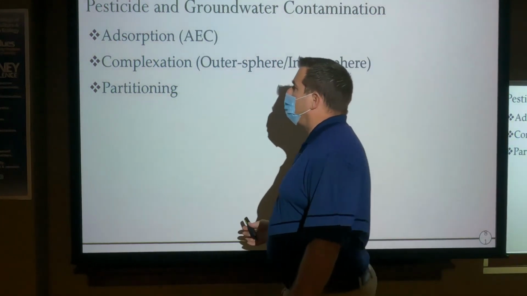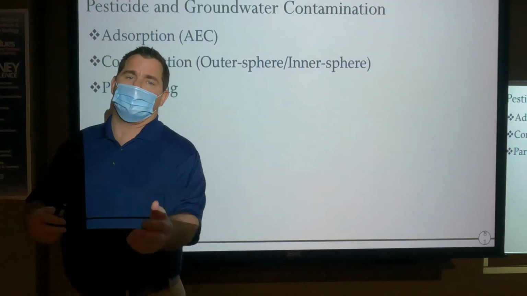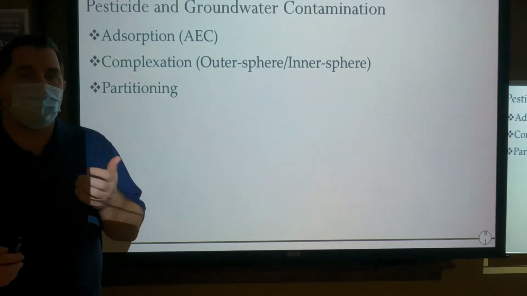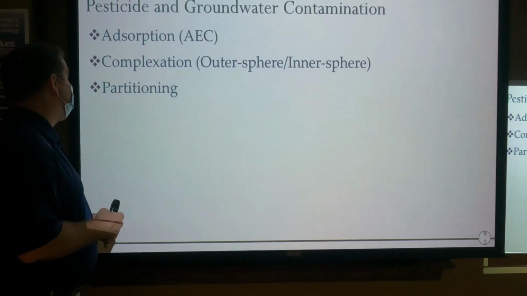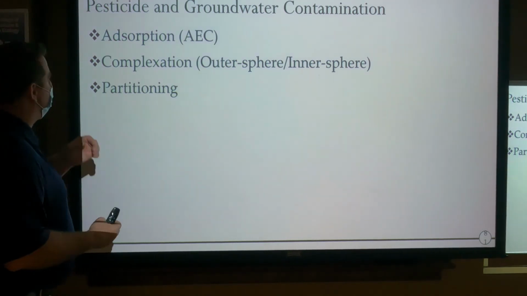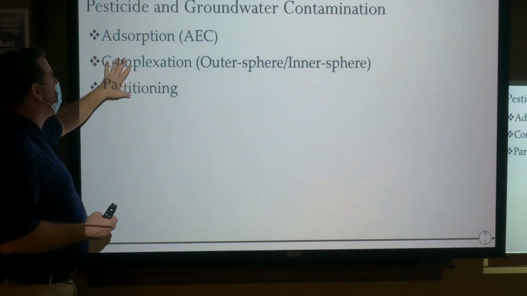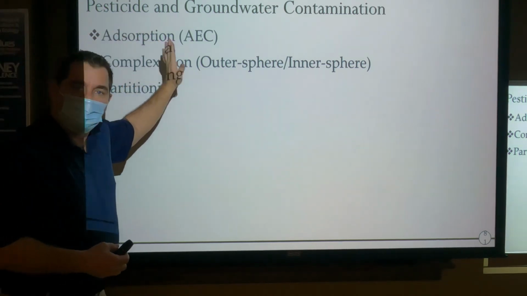So not only is this going to influence the nutrients that we apply to our soil, but it's also going to have some impact on other things like pesticide applications, where we have some adsorption, complexation, and partitioning, which is more soil chemistry.